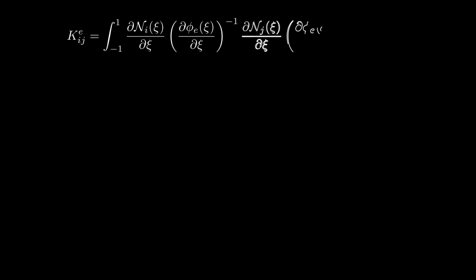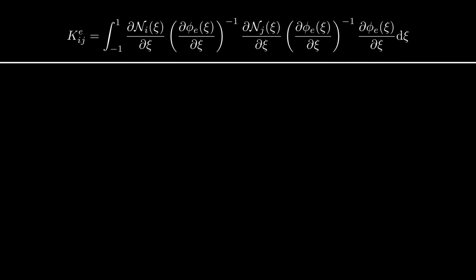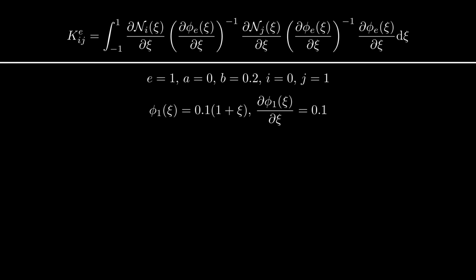First, let's compute an entry of the element matrix of one element using Gaussian quadrature. Let's pick the first element with a equals 0 and b equals 0.2. And let's pick the entry i equals 0 and j equals 1. The mapping phi for the chosen element is 0.1 times (1 plus xi), and its derivative is 0.1.